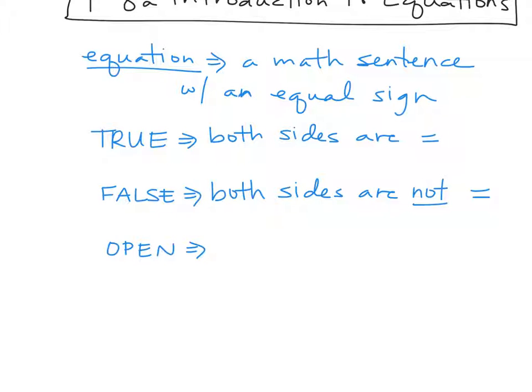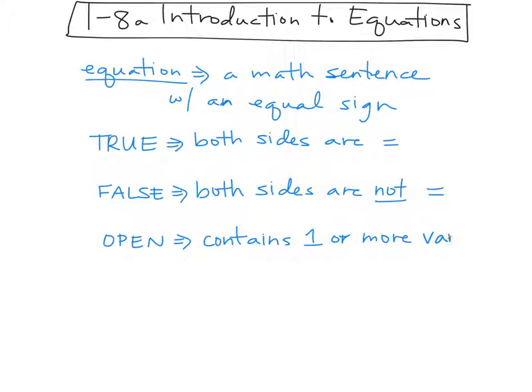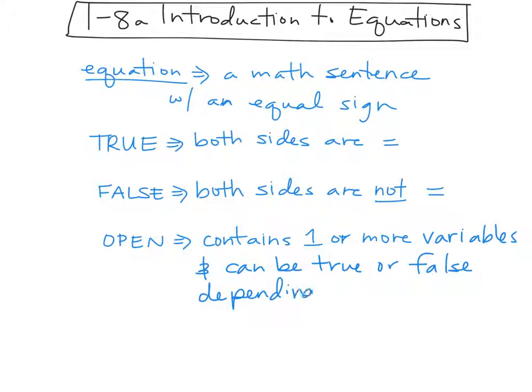It contains one or more variables, and can be true or false, depending on the values of your variables. Okay, so open is going to look different than the true and false ones.